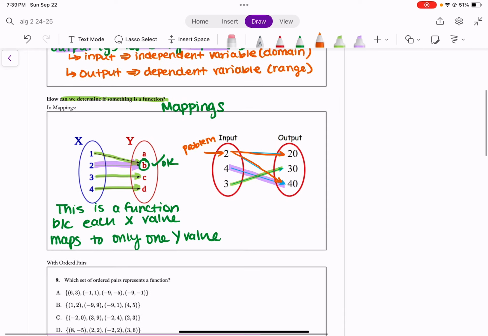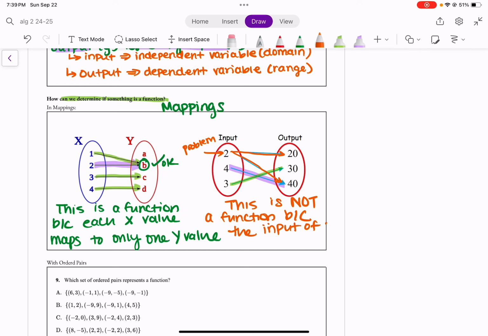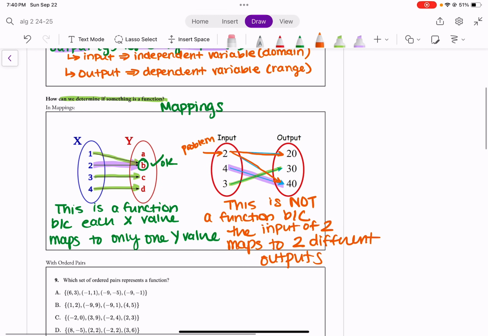So this is not a function because the input of 2 maps to 2 different outputs, okay? So again, every input can only go to one output, right? So you can't have things like this. This is not good. That makes it not a function, okay?